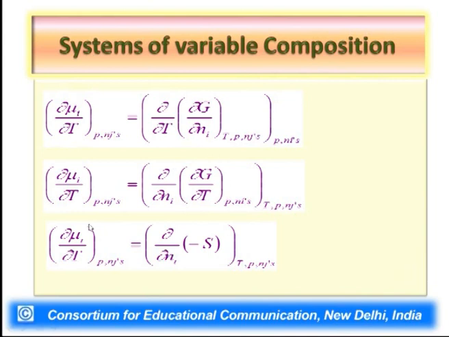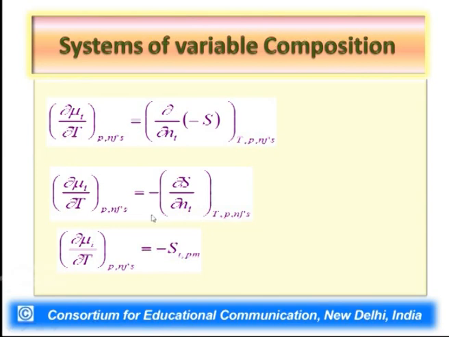So, ultimately what you get is del mu I by del T at constant P, Nj is equal to del by del Ni of the differential del G by del T, which we all know under the condition of constant pressure and Ni's, meaning the composition of the overall system constant, is basically minus S. So, we can substitute minus S and take the minus sign outside, and therefore we can write minus del S by del Ni at constant T, P, Nj.